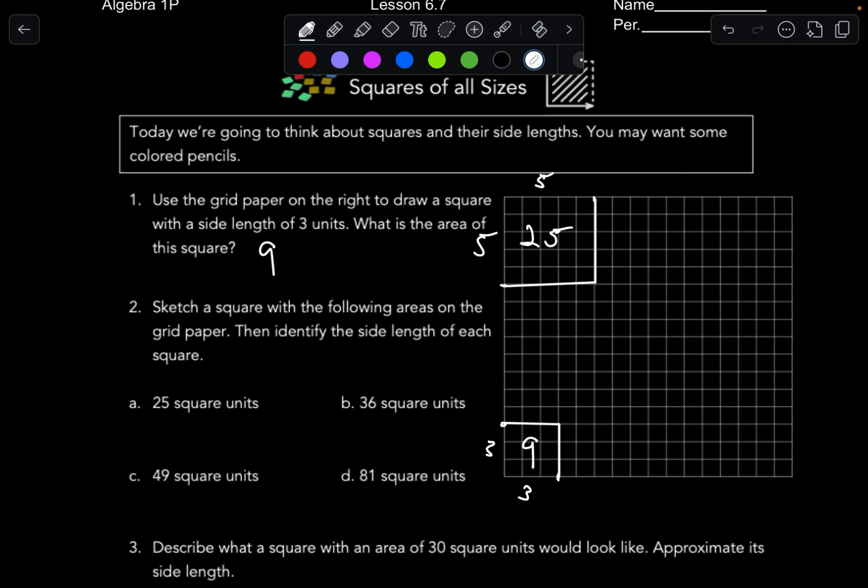I'll just go over here to the upper right and go 1, 2, 3, 4, 5, 6, 1, 2, 3, 4, 5, 6, and we have this. That's a square of side 6 with 36 square units inside, because you can count them all up, it's 36.